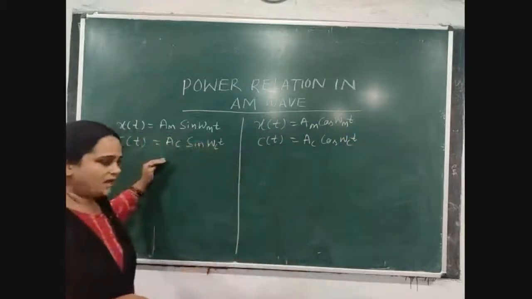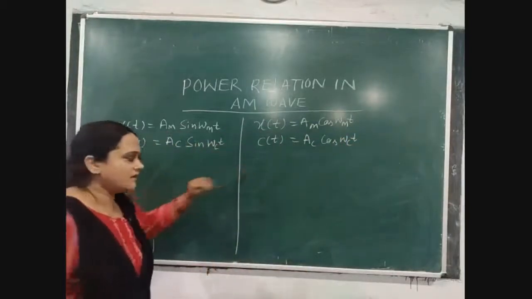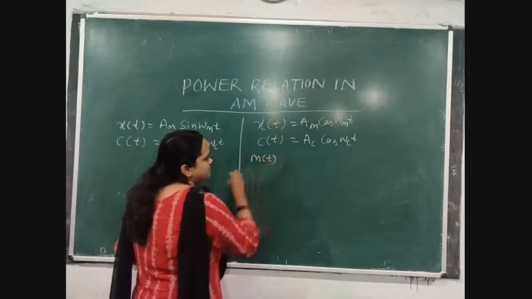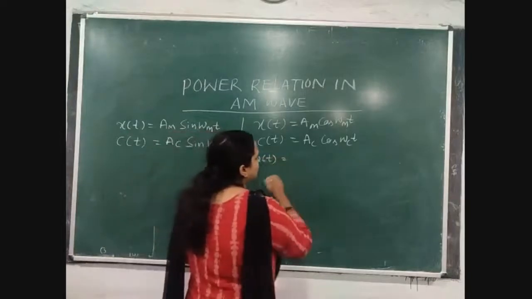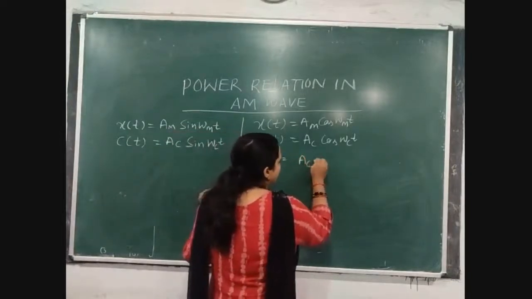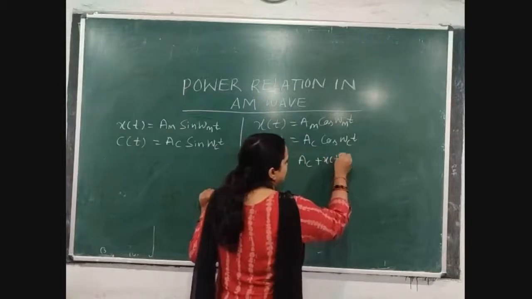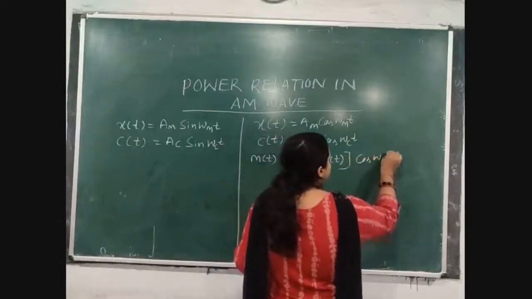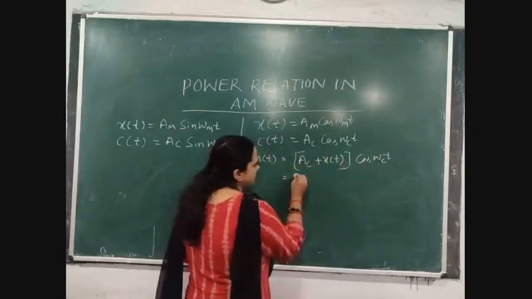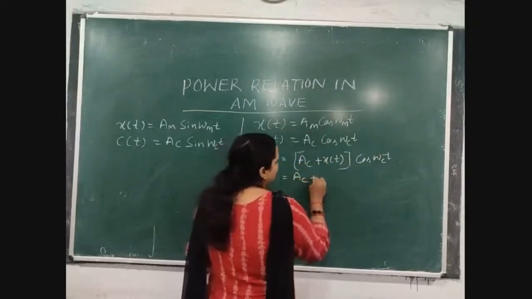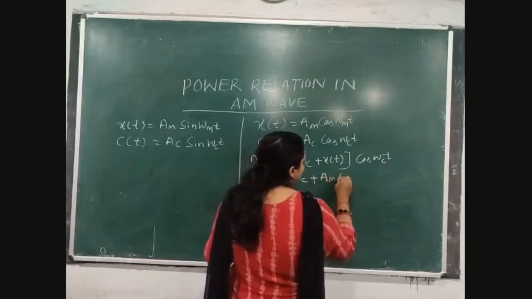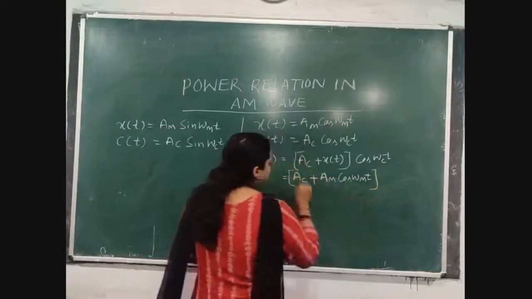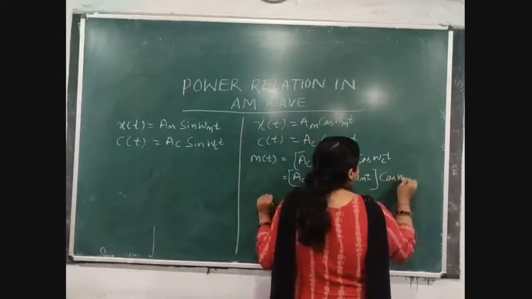In the same way, we can find the equation, that is, m of t, the amplitude modulated wave, equal to Ac plus x of t, times cos omega ct, equal to Ac plus Am cos omega mt, times cos omega ct.